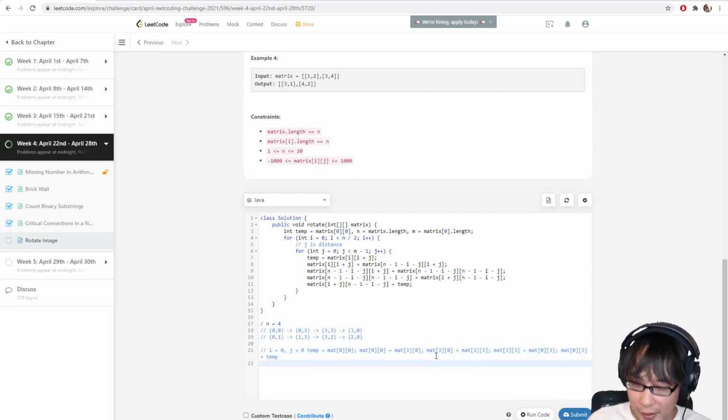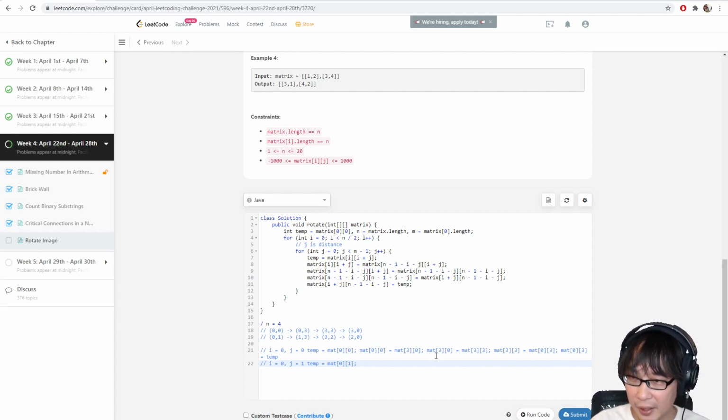Okay, so let's see. What if i equals 0, j equals 1. Temp equals matrix[i][i plus j], so i is 0, i plus j is 1.